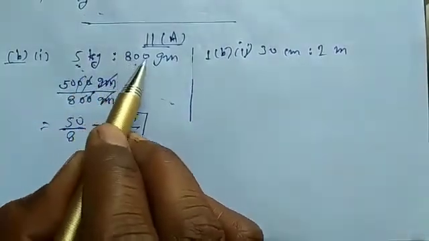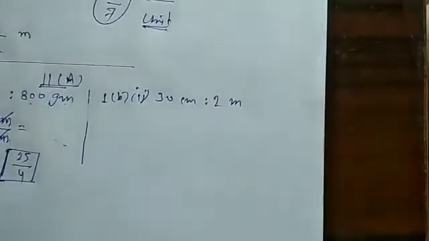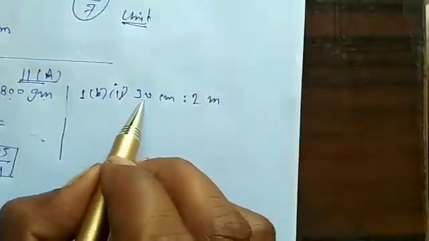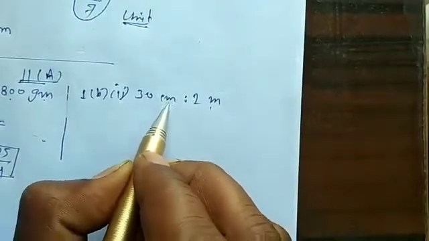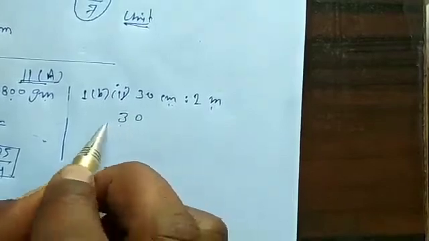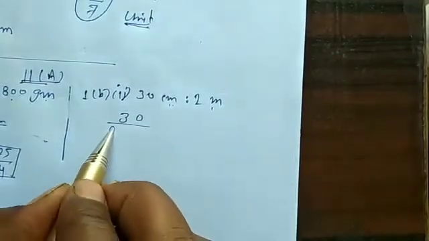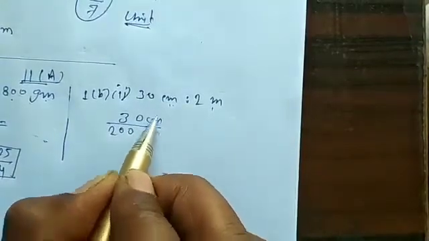5 kilogram and 800 grams. There is no unit. Ratio has no unit. Next point, 30 centimeter and 2 meter. 30 is already in centimeter, so we convert 2 meter into centimeter. So we will write 30 upon 200 centimeter. This is a centimeter, this is also in centimeter.